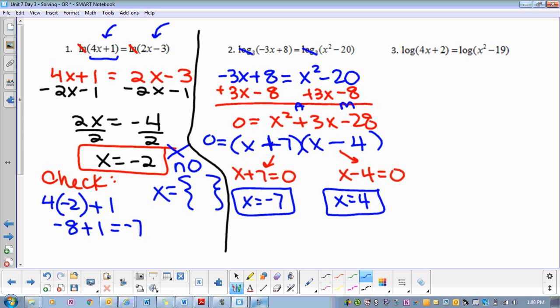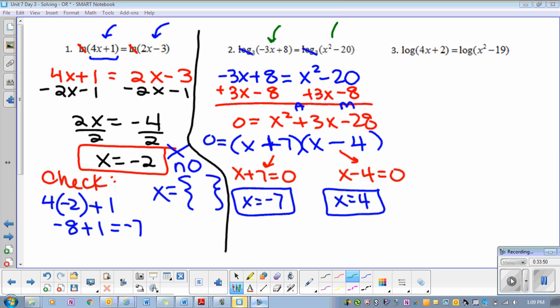Now, since you have two possible solutions, you have two that you need to check. So if I plug in -7 into either one of those, that's positive, positive, positive, positive.